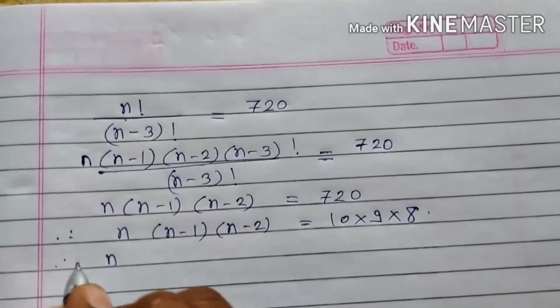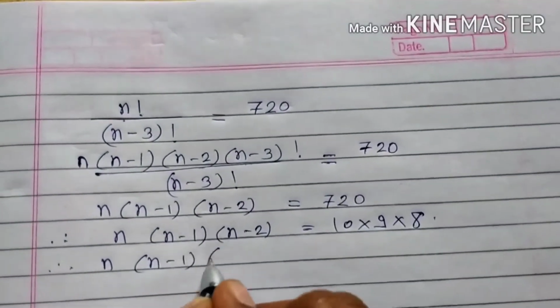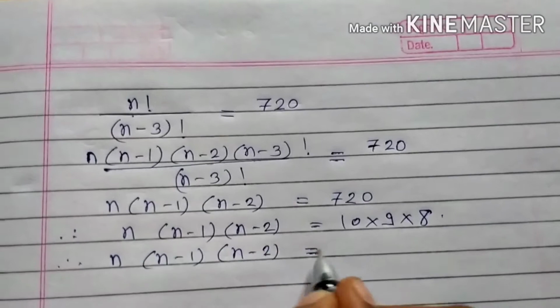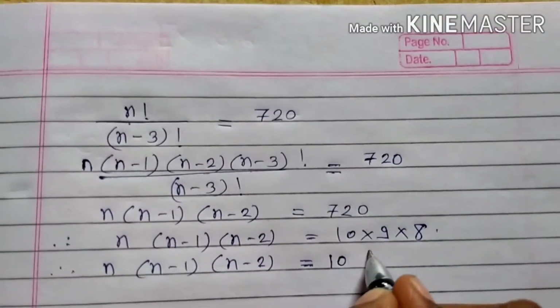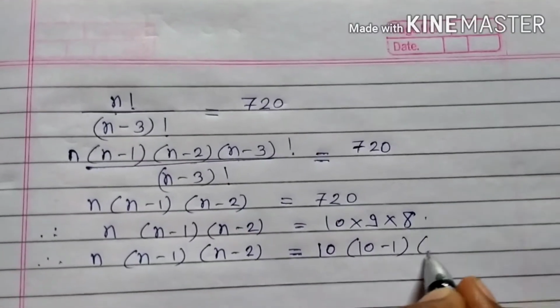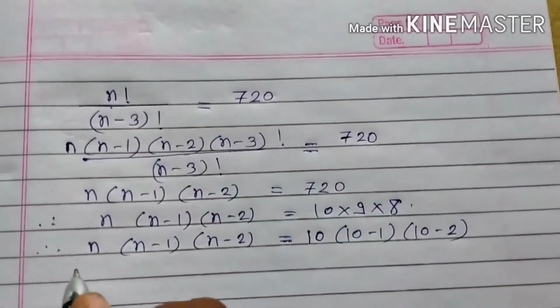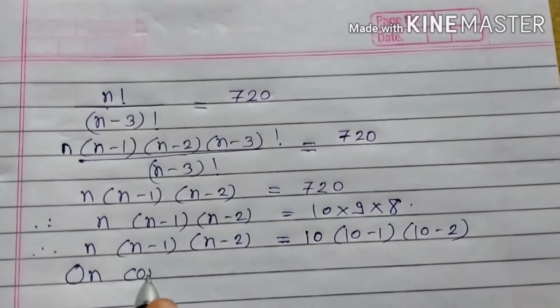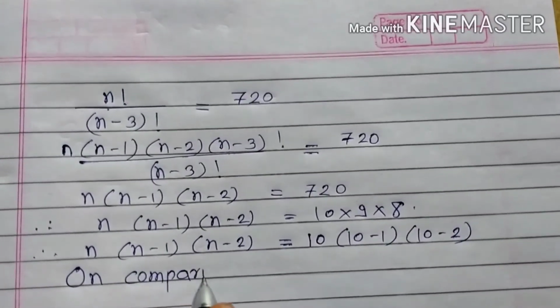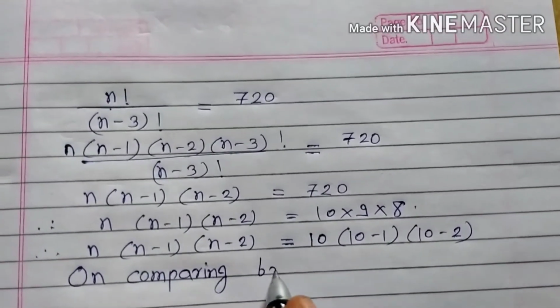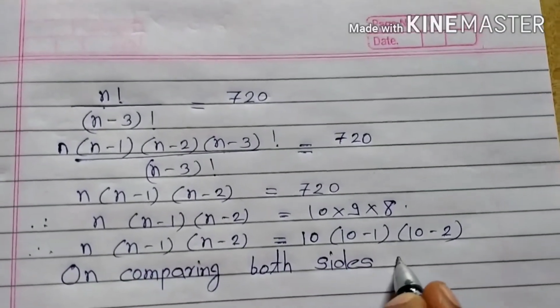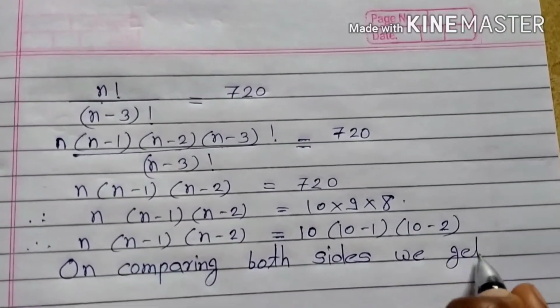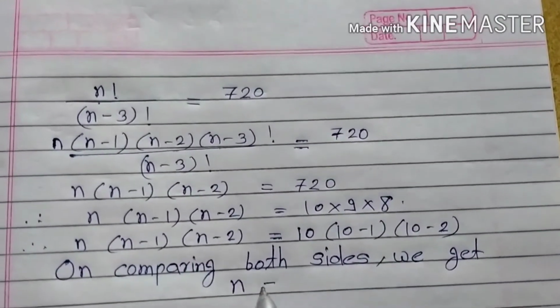So therefore n into (n minus 1) into (n minus 2) is equal to 10 into (10 minus 1) into (10 minus 2). On comparing both sides, we get n is equal to 10.